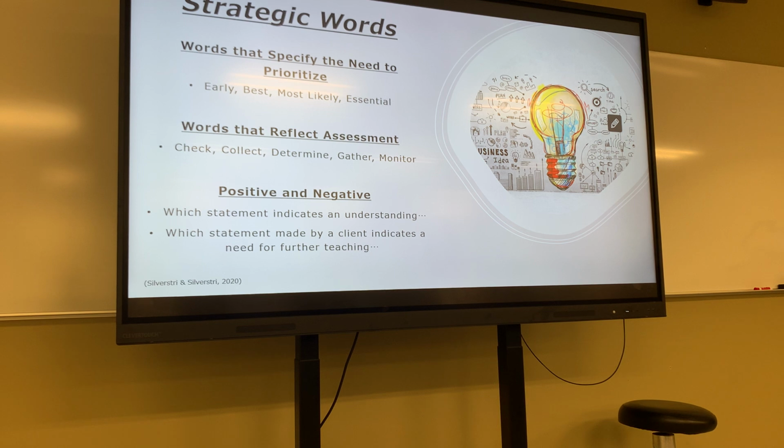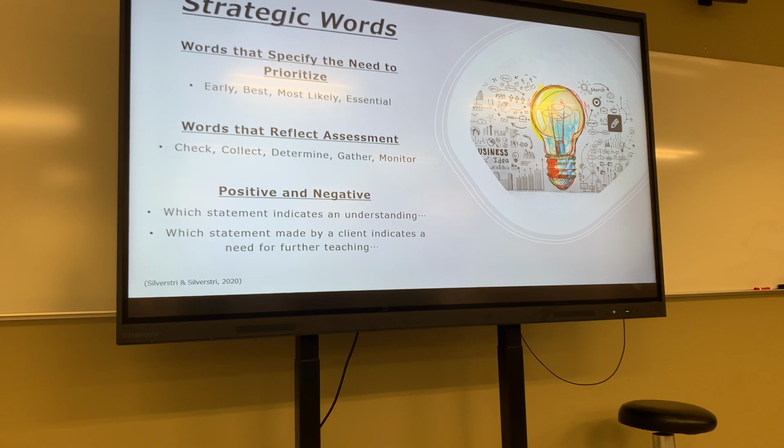So first thing is, as you're reading the question, look for strategic words. So things such as early, best, most likely, essential, those are all asking you what is the priority, okay? Words that reflect assessment, such as monitor, gather, collect, those are questions that are asking you for assessment findings.